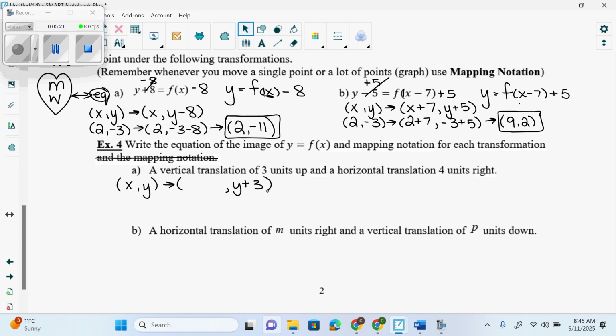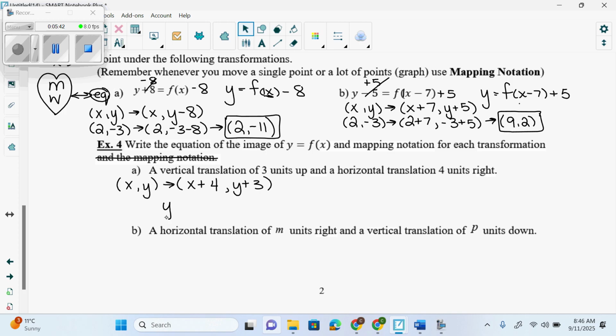Horizontal translation, 4 units right. What does that affect, X or Y? X plus 4. Then we go to the equation.